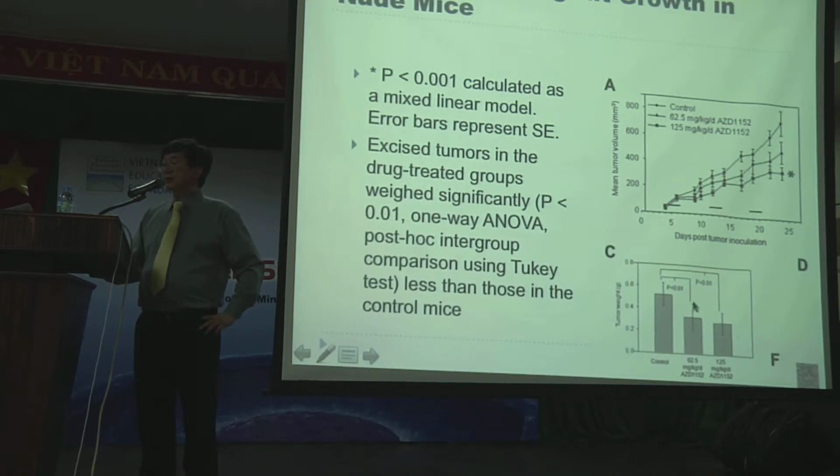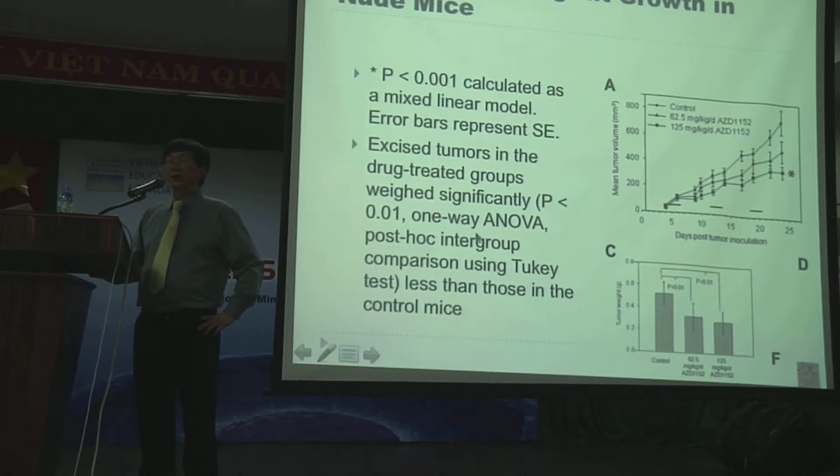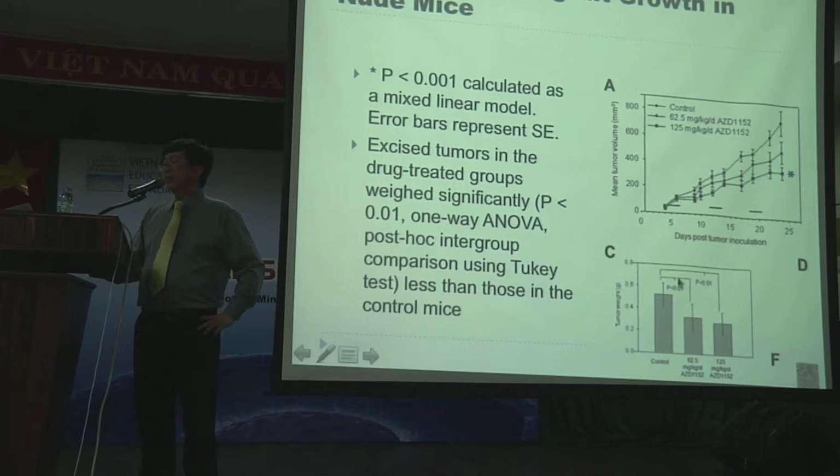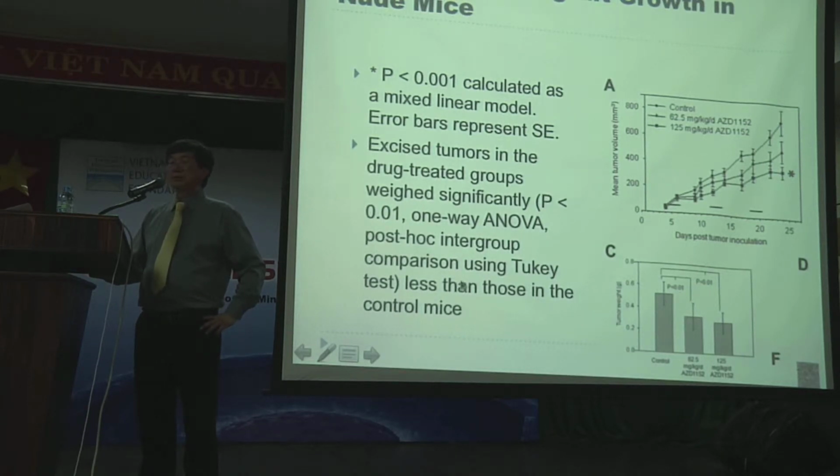So in this situation, I used a one-way analysis of variance, one-way ANOVA. With one-way ANOVA, if I want to know exactly whether this group is significantly different from that group, then I would need to do what is called a post hoc intergroup comparison.